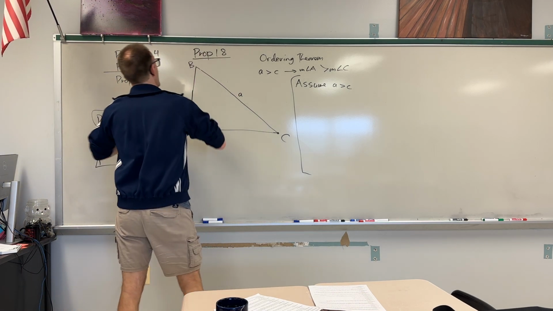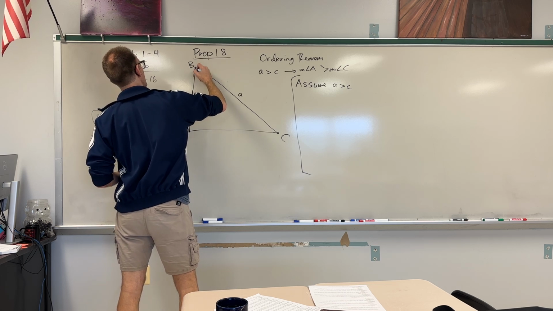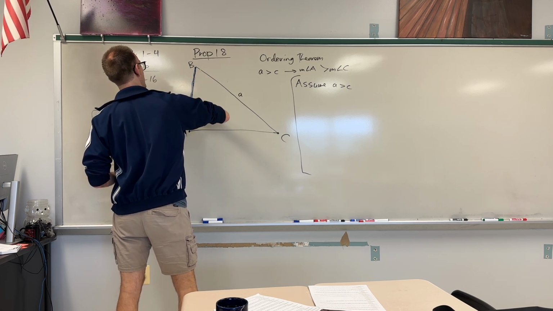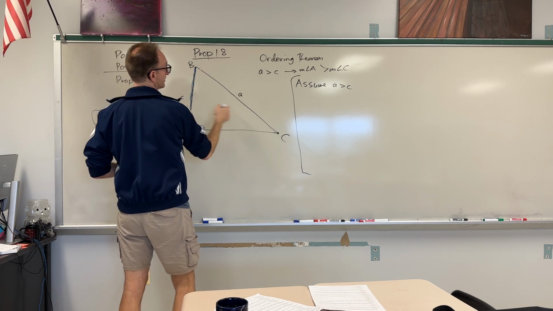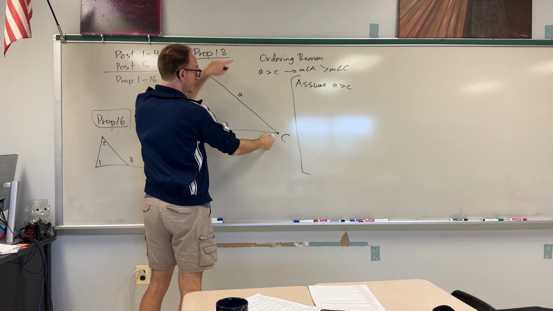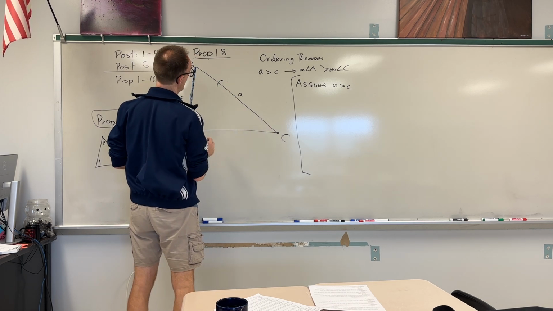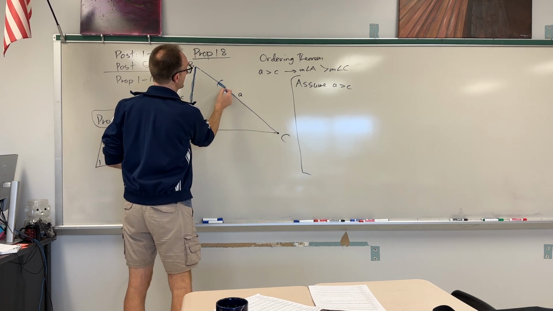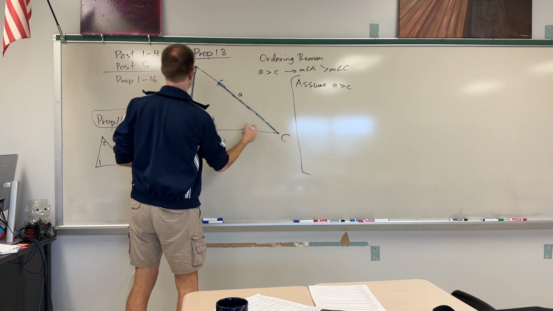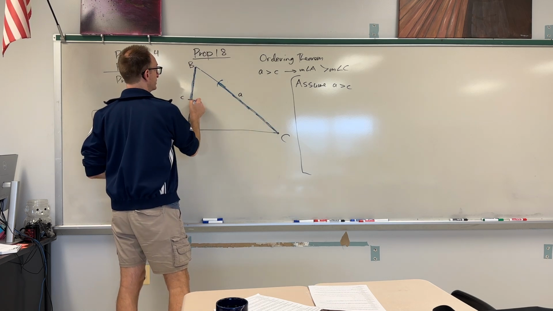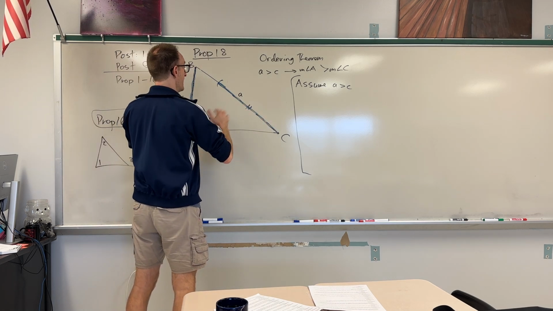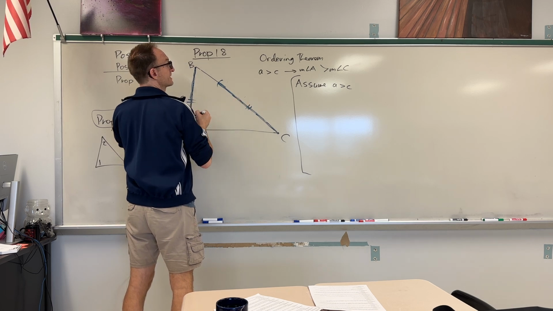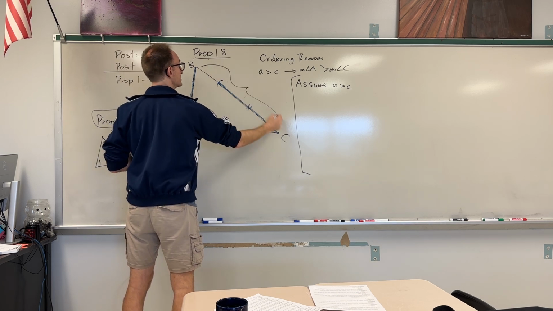So, given the fact that C is less than A, I'll take this C, put my compass at C essentially and cut off that same distance. That looks about right. So this is the same as C. So okay, the blues are equal, and it is the fact that A is greater than C that enables me to do that.